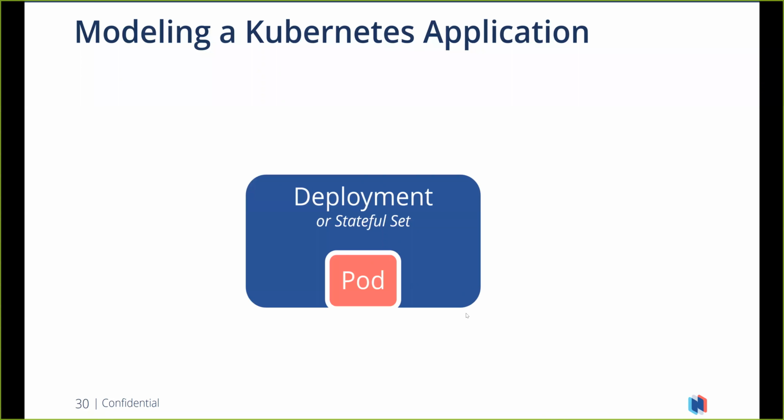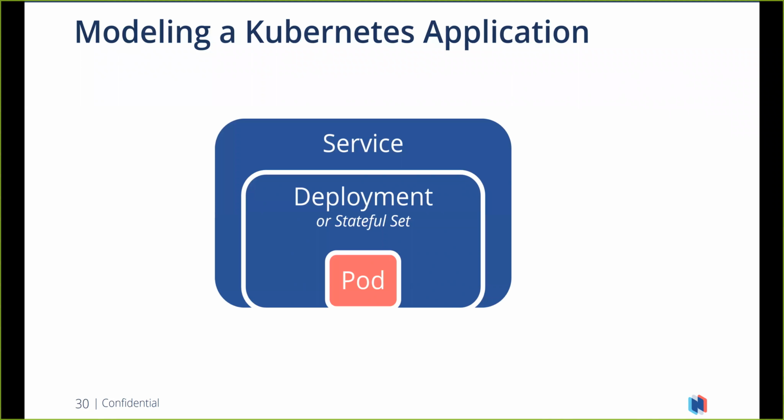Beyond that, you're most likely going to use a deployment or stateful set to manage your application pods. Now, you could use a daemon set, but those are more for vendor tools, third-party tools. So typically you would use a deployment or a stateful set. Next, you're going to define a service which provides identity to your set of pods.